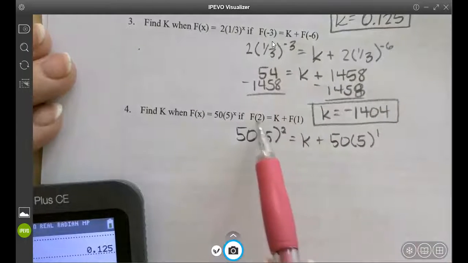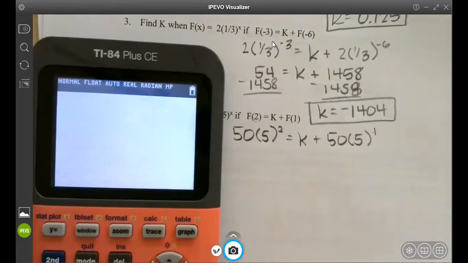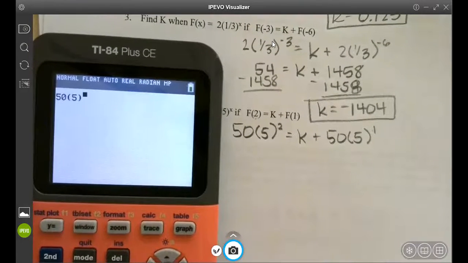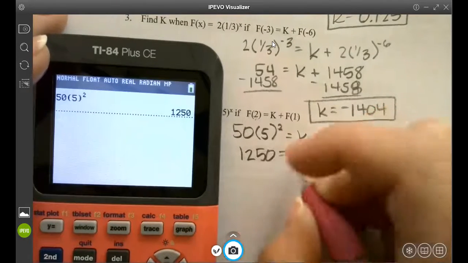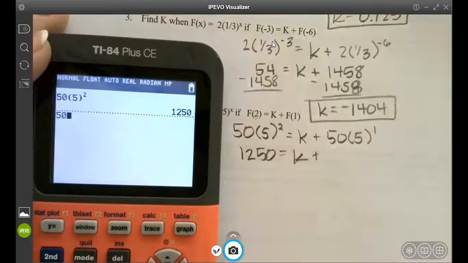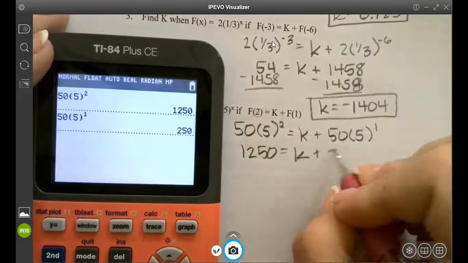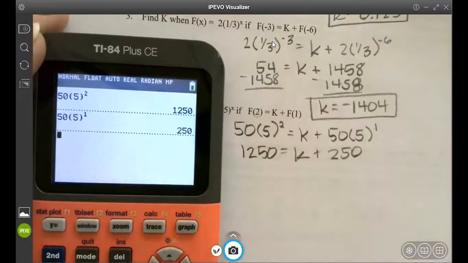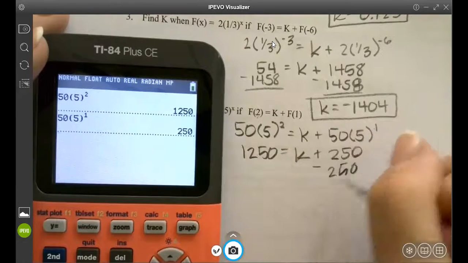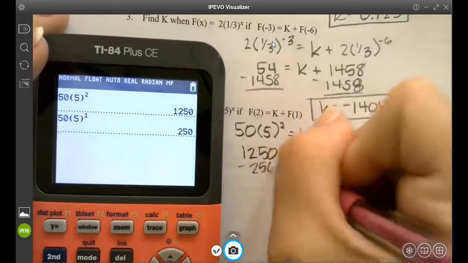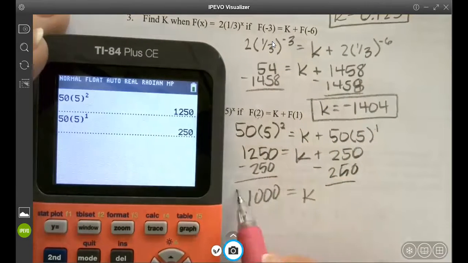And those two numbers come from your numbers inside. 50 times 5 to the second is 1250 equals k plus 50 times 5 to the 1, which is 250. How do I solve for k? I subtract 250. And I get 1000 equals k.